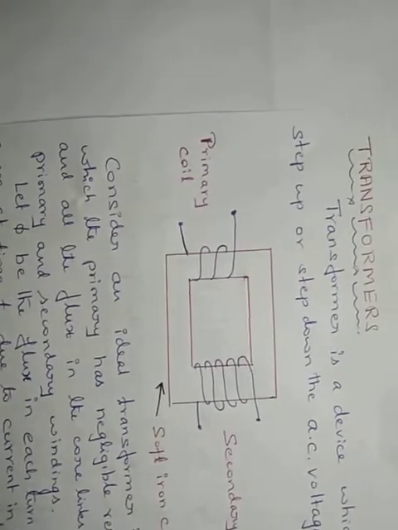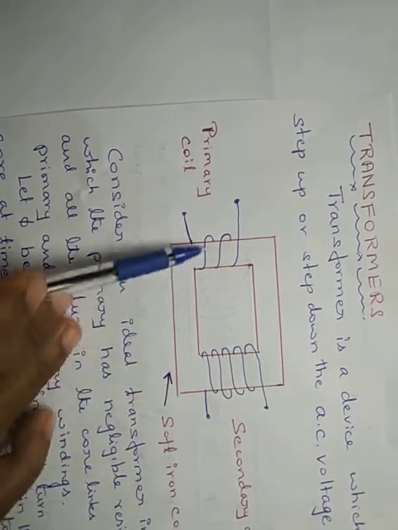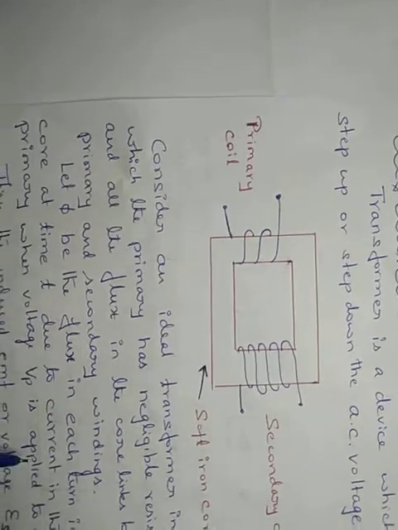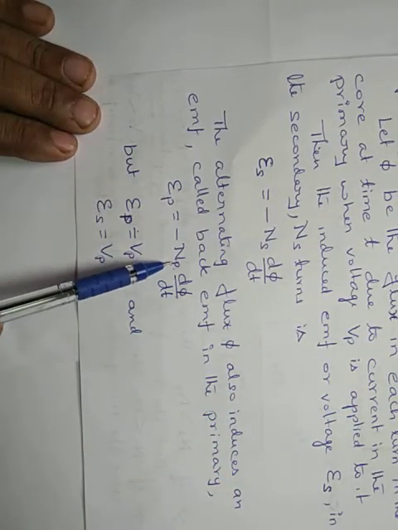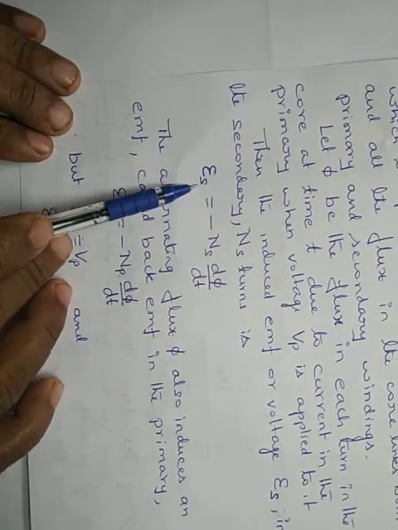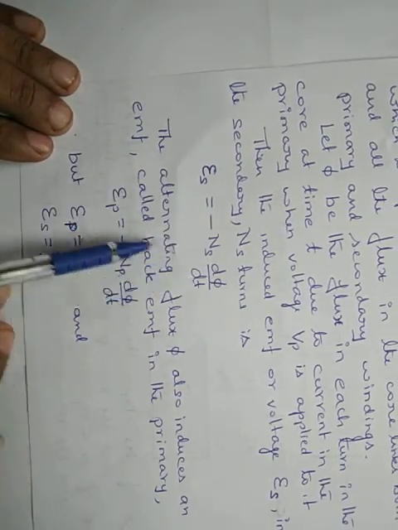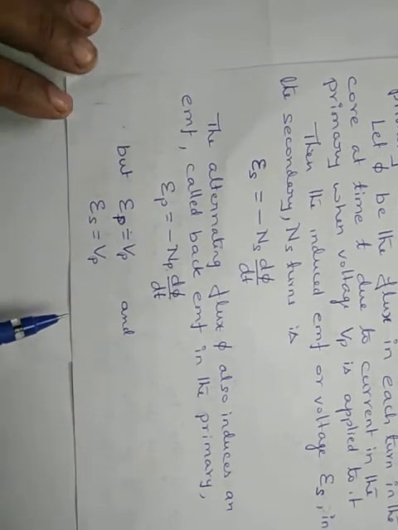In the figure we have 1, 2, 3 windings, that is the number of turns in the primary coil. So, these are the very important two equations: Es equal to minus Ns d phi by dt, Ep equal to minus Np d phi by dt.